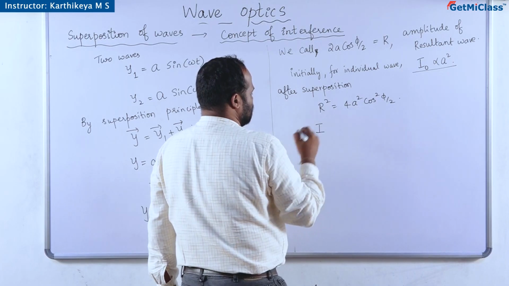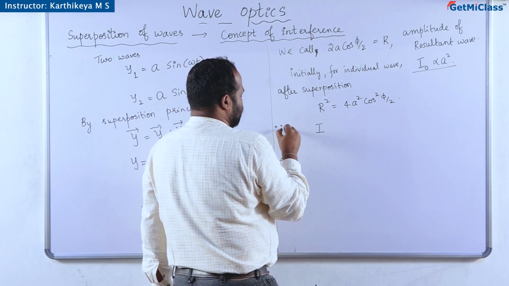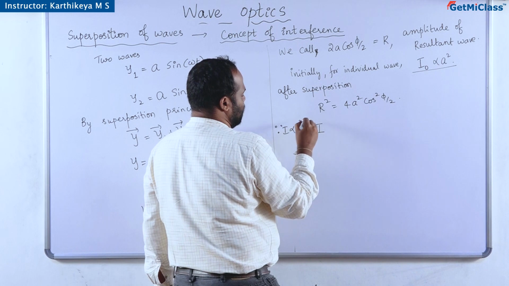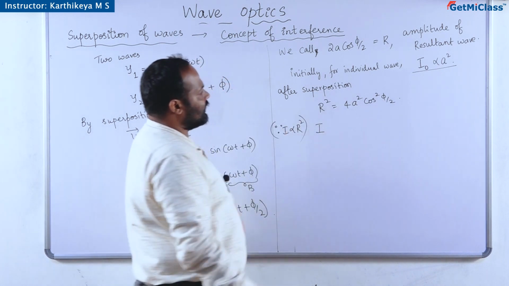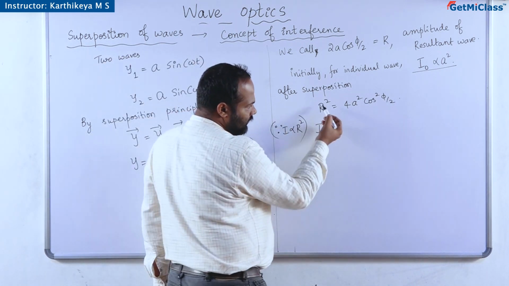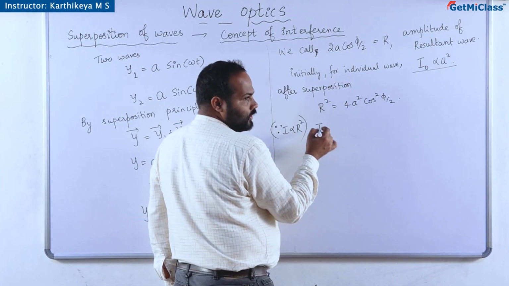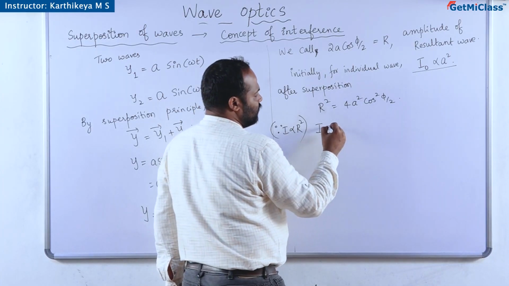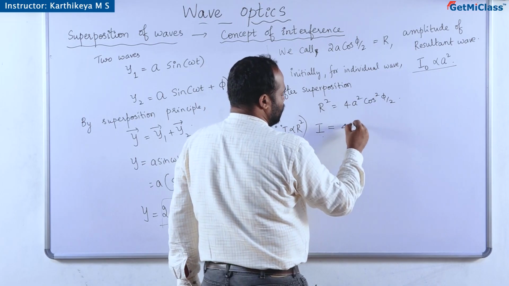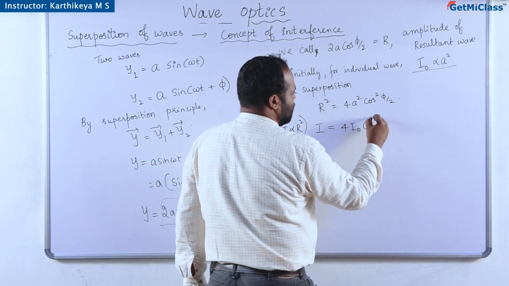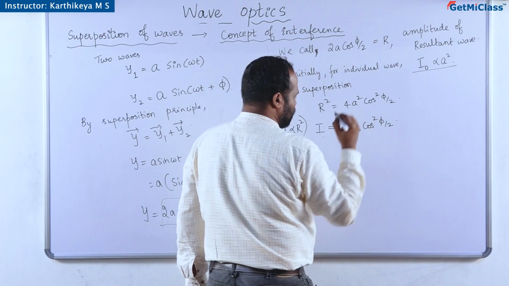Obviously the intensity of the resultant wave is proportional to R square. So this is the intensity of the resultant wave. The final intensity of the resultant wave is equal to 4 I naught cos square (phi by 2).